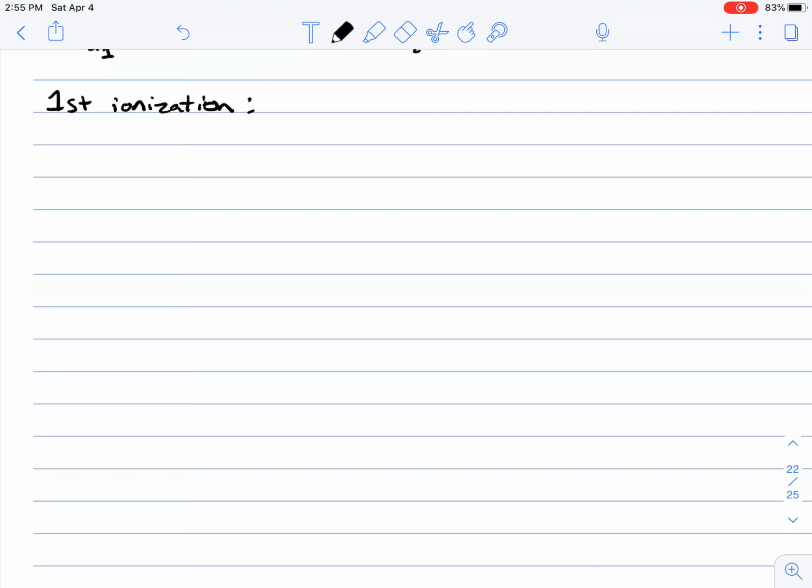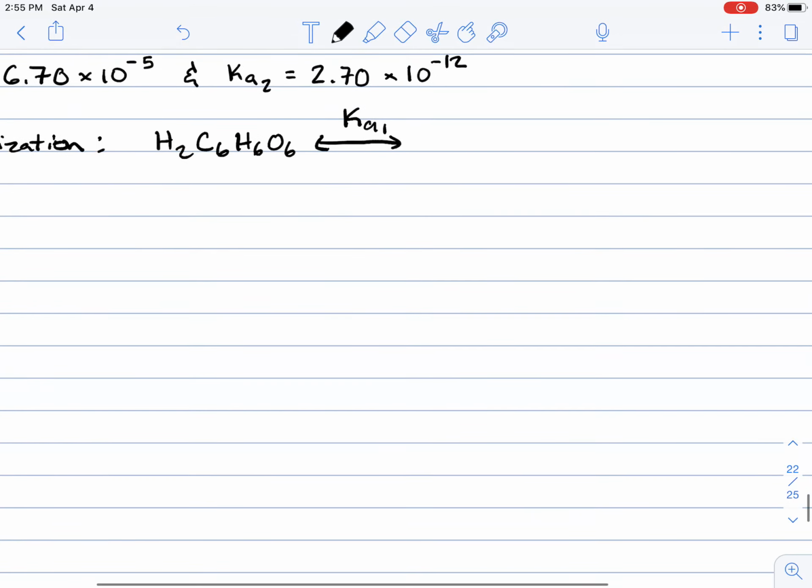The chemical equation for the first ionization is going to be H2C6H6O6. Since this is the first ionization, it's representing Ka1.